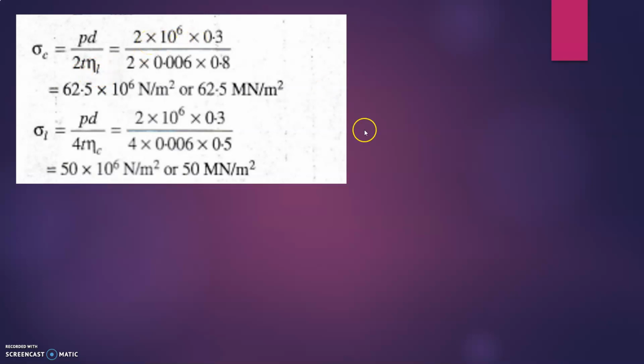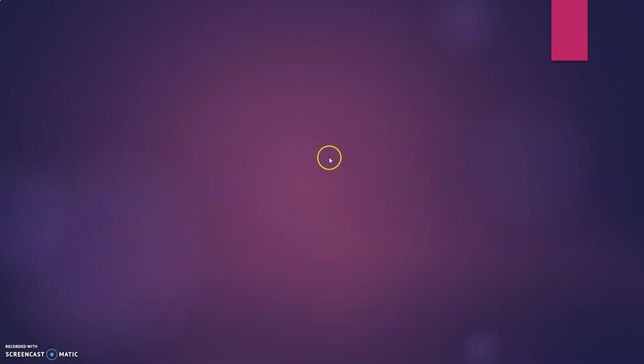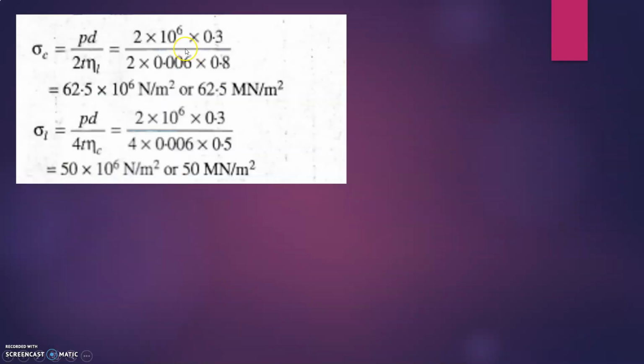That is equal to 2 into 10 raised to 6 for P, into 0.3 for D, divided by 2, thickness is 0.006, into 80% efficiency of the longitudinal joint, that is 0.8.